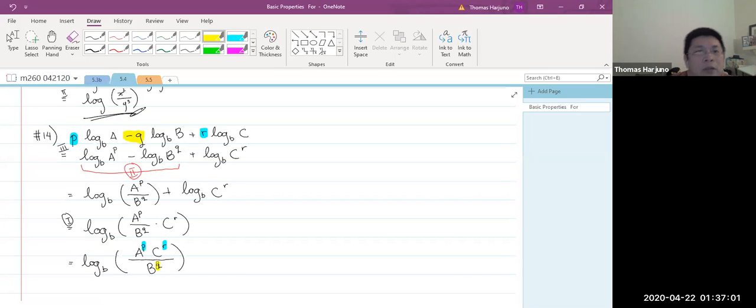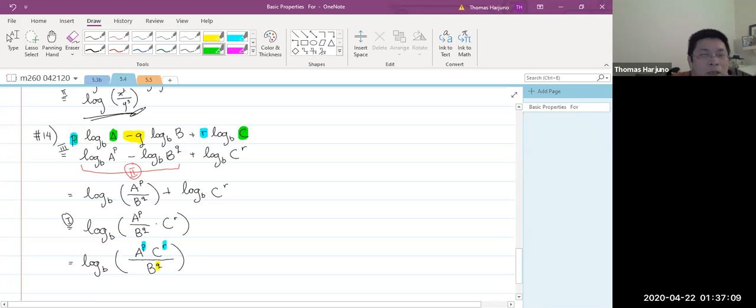Okay, now with the corresponding argument. So p is the coefficient for argument a. So the p later on will be the exponent for base a. And here r is the coefficient of argument c. Then c to the r will be on the exponent.